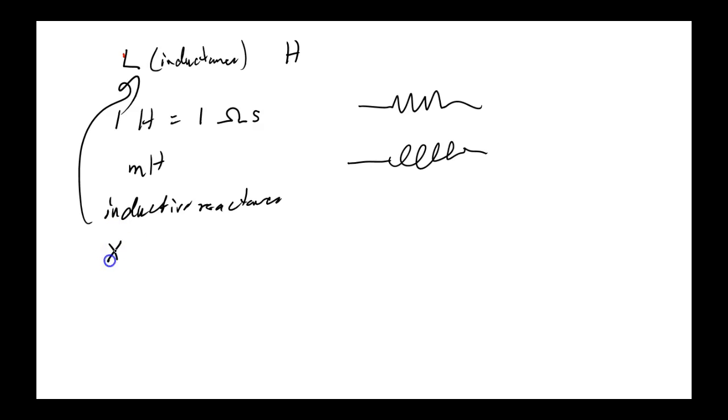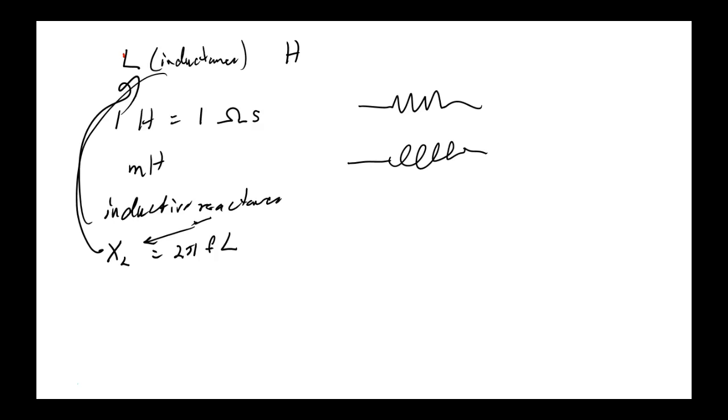Reactance is X, that's the reactance part. Inductive means X sub L. And that is equal to 2 pi times the frequency times the inductance. Now that's not length, that's inductance.